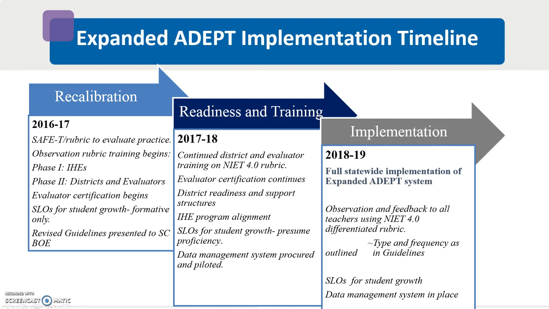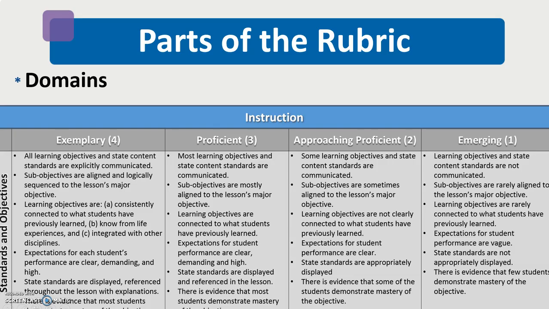Now, before we take a look at the rubric, let's first take a look at some language associated with the rubric. So we're going to look at parts of it, and we're just going to look at this one slide and just examine the different parts of the rubric. The rubric is divided into 4 domains, and those were seen on the previous slide. The first one here is instruction.